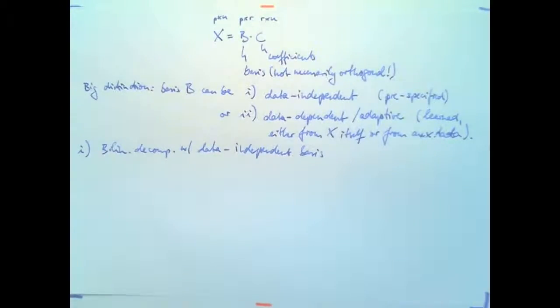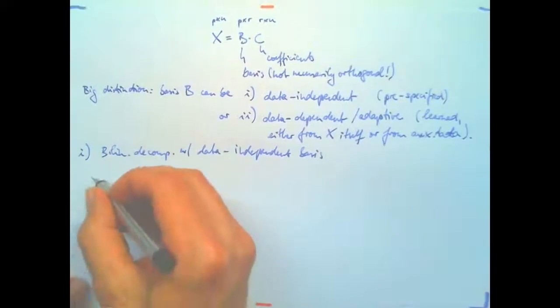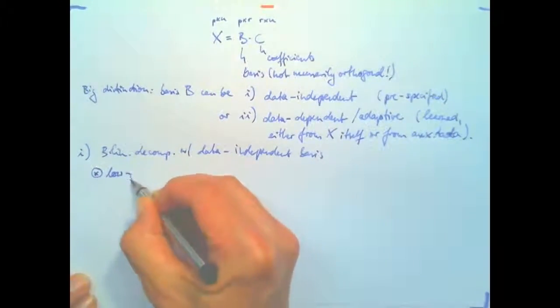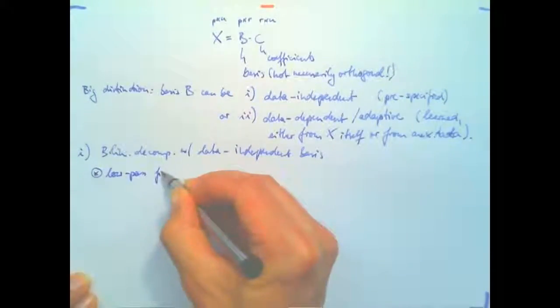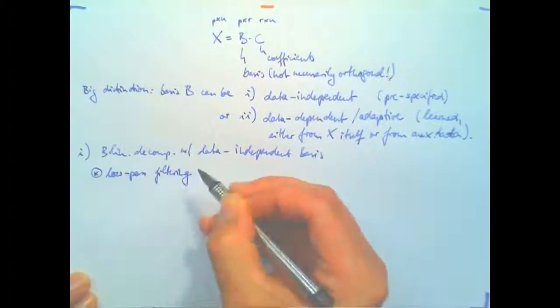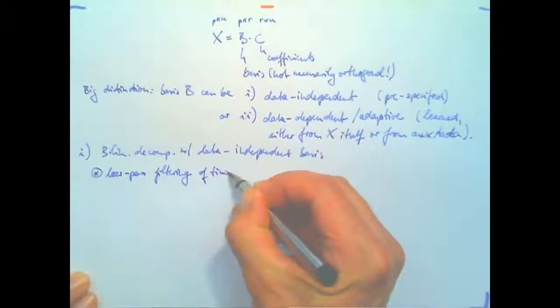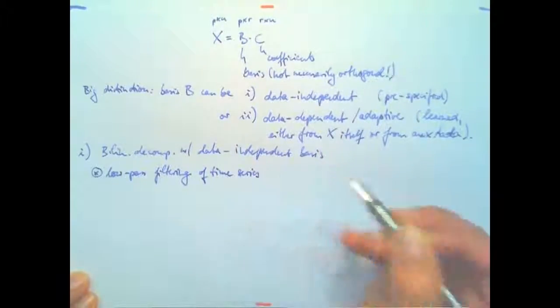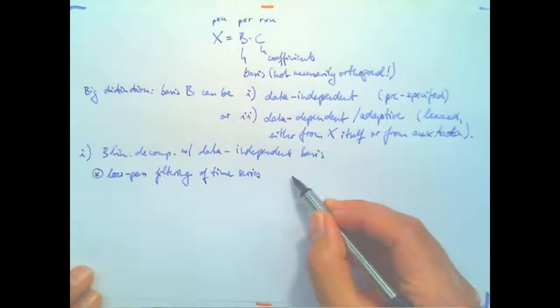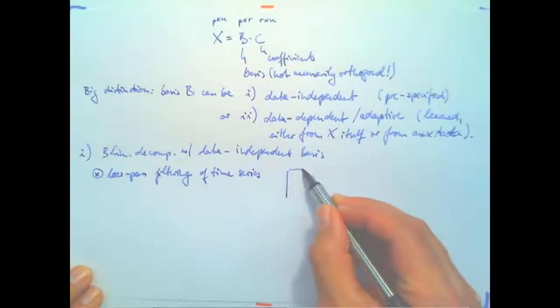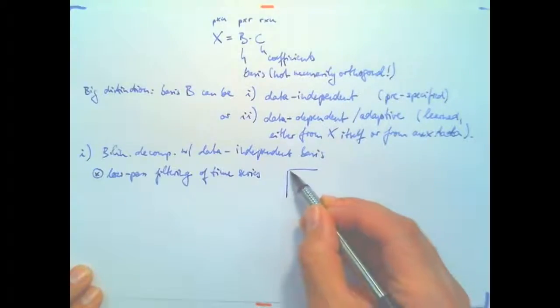So let me give us one example. Low pass filtering of time series. What do I mean by that? I'm assuming that my matrix X is a collection of signals over time.